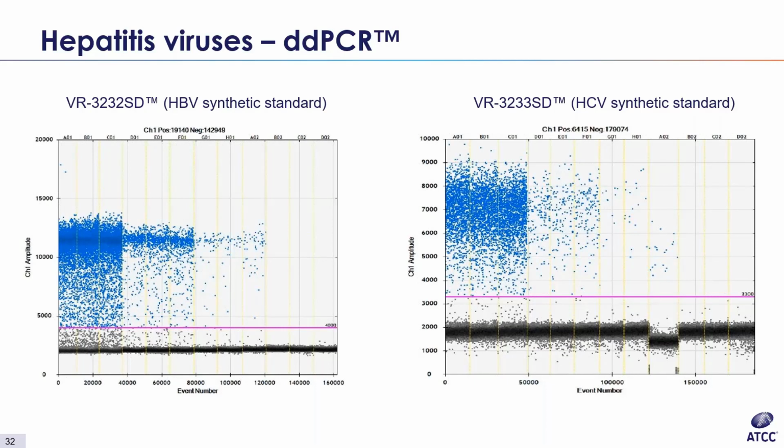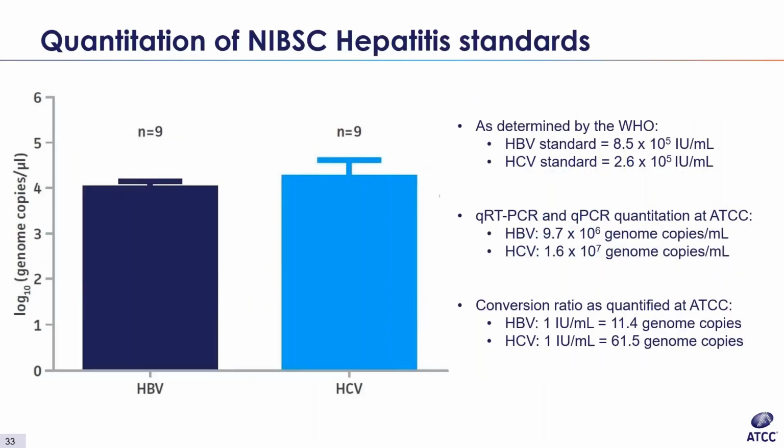Here we're also showing a consistent progression between dilutions. Because the NIBSC reports infectious units per milliliter, we were able to calculate the number of genome copies in an infectious unit as being 11.4 genome copies per IU for the HBV and 61.5 genome copies per IU for the HCV reagent.